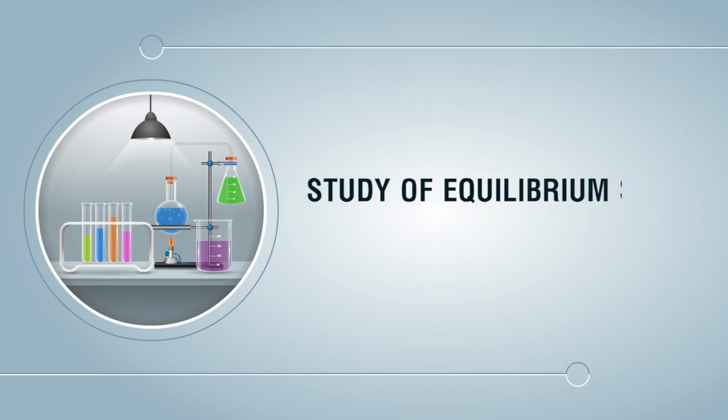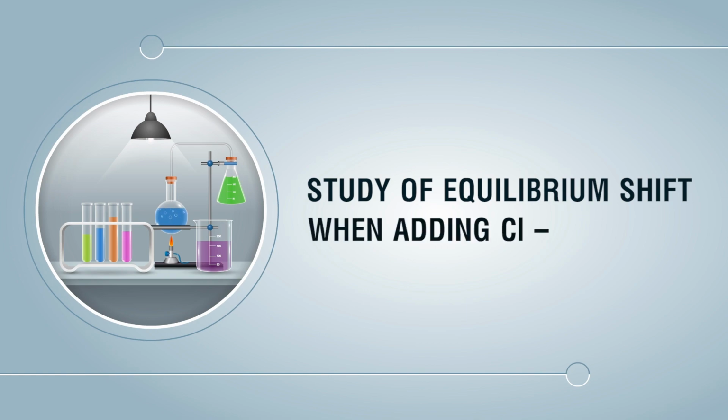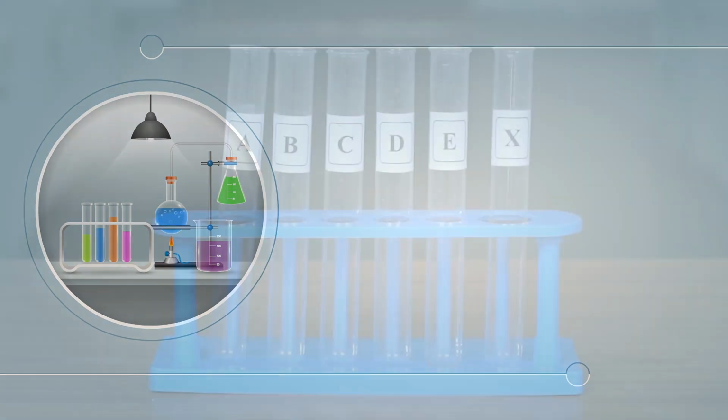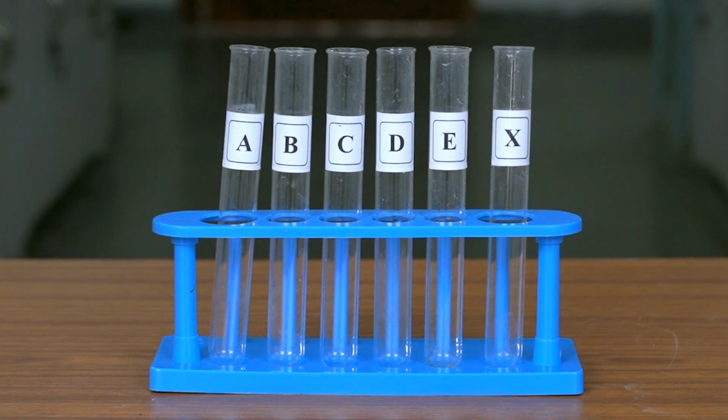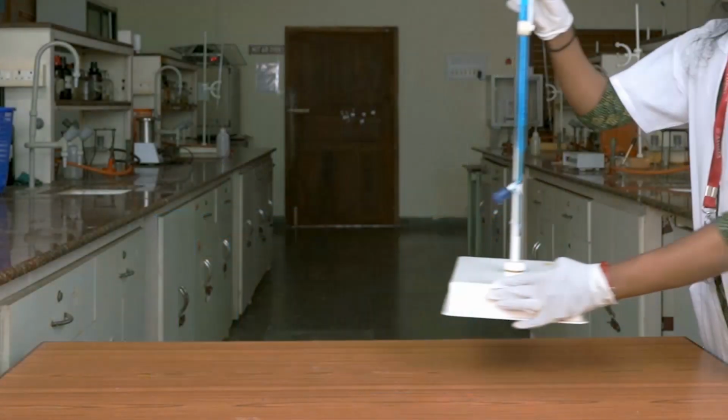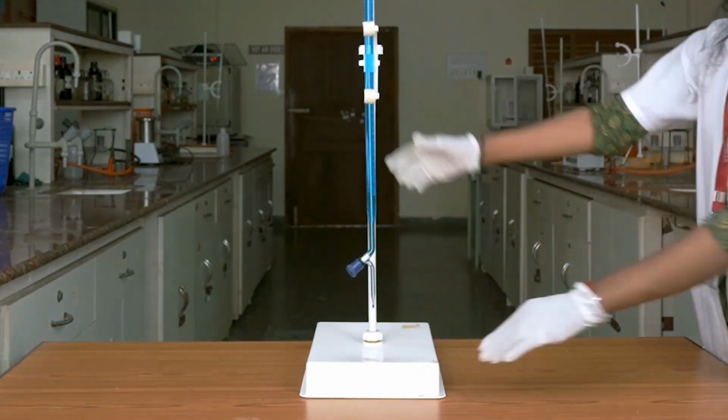Study of equilibrium shift when adding Cl- ions. Take 6 test tubes labeled as A, B, C, D, E and X. Take the cobalt chloride solution in a burette.